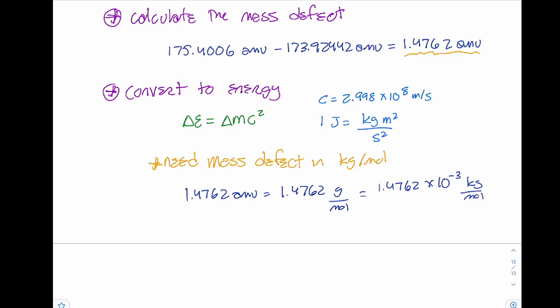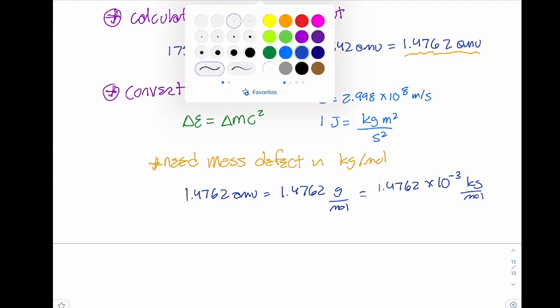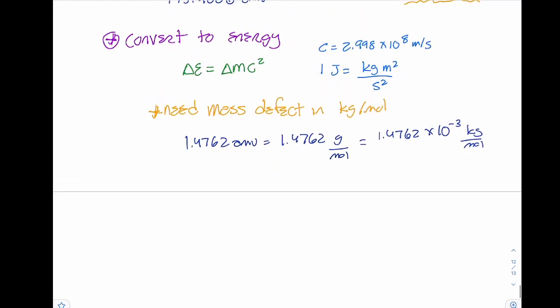Okay, so plugging these into my equation, I have that my energy change is going to be equal to 1.4762 times 10 to the negative third kilograms per mole multiplied by my speed of light squared. And then we'll grab our calculator here.